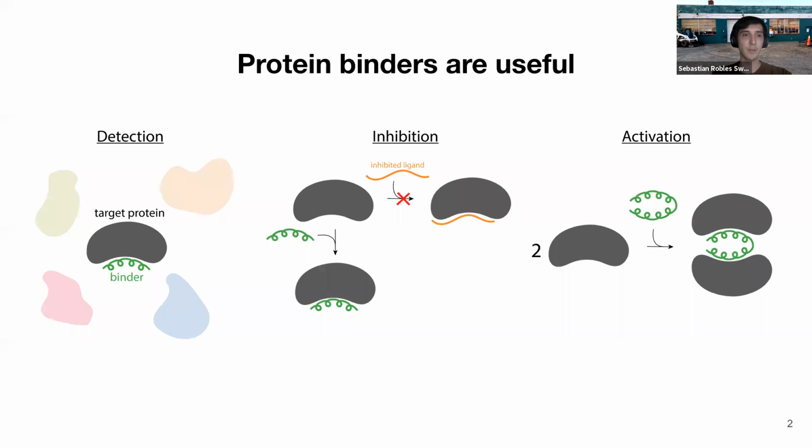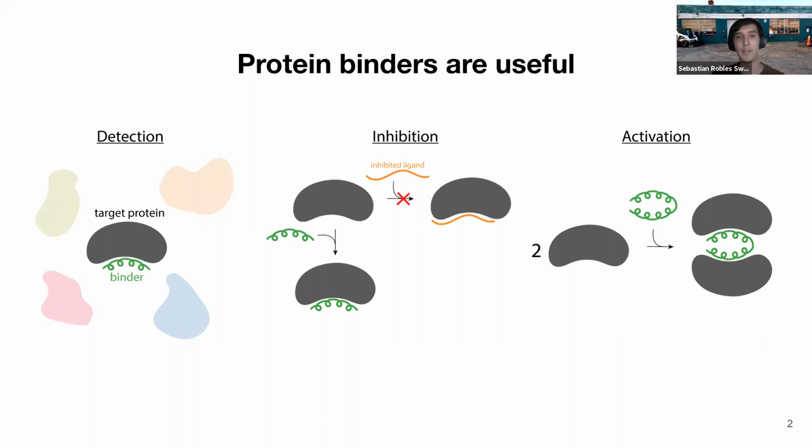Okay, so I think that with this audience, I don't really have to convince you that protein binding molecules are incredibly useful. I think you're aware of the different applications. In general, you can think of them as useful for detection, so binding some kind of protein in a complex mixture. They're useful for inhibition of interactions between proteins, and they're also useful for activation.